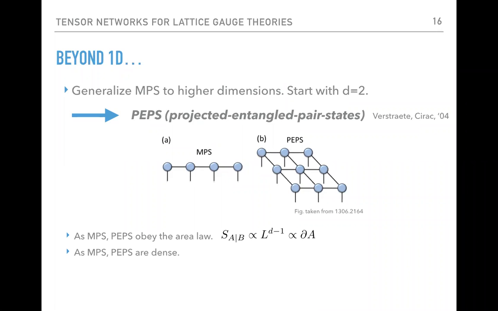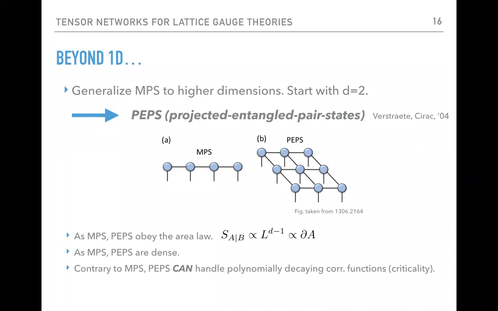And they are dense in the same way as MPS are. What this means is that if the bond dimension is increased, eventually you will be able to parameterize any state in the Hilbert space. PEPS share the same property.